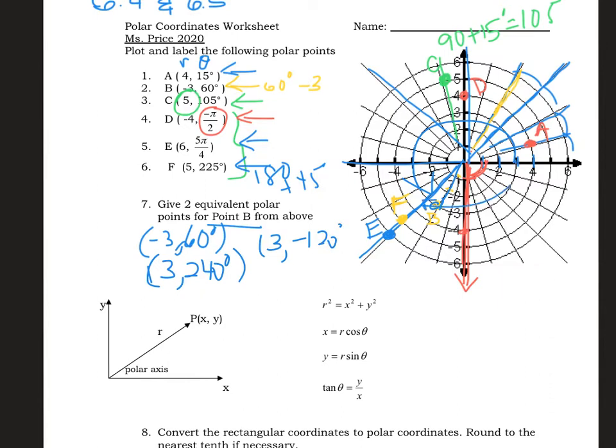That's going this way out to 3. And then another one that I could do would be negative 3, negative 300. I don't know if anyone came up with that one, but that would be to go negative 300 and then to go 3 in a negative direction.